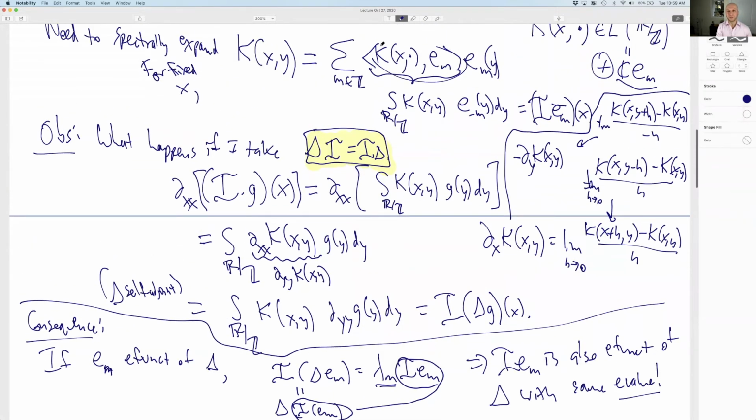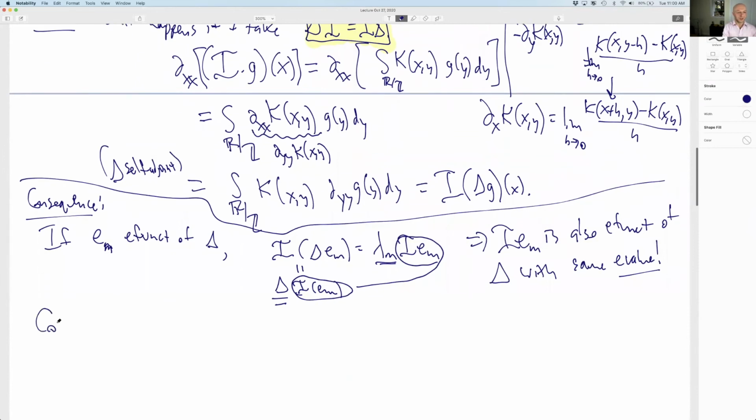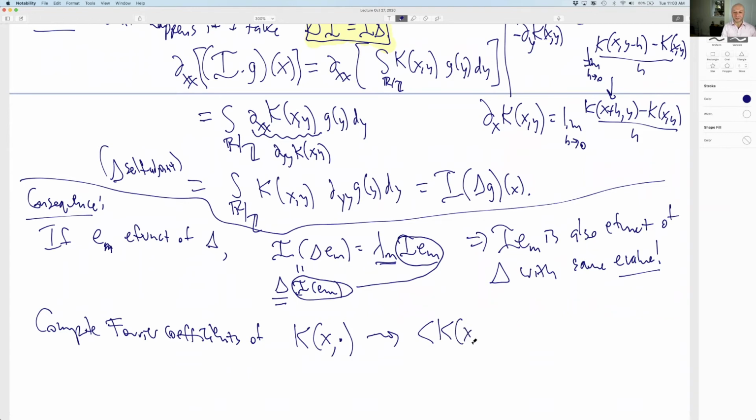Okay, so we're trying to compute what these coefficients are. Let's compute Fourier coefficients of kx dot. What I mean is, let's compute the inner product of kx dot with EM.